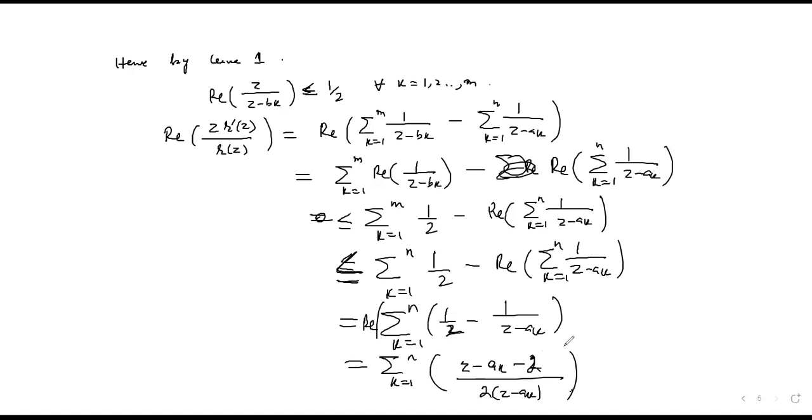We have to look at it now, so I can write them as, what do I have? I've got z minus ek minus 2z. Just a minute, something went wrong, it is 2, what do I get? I will get 2 here, z minus ek here.